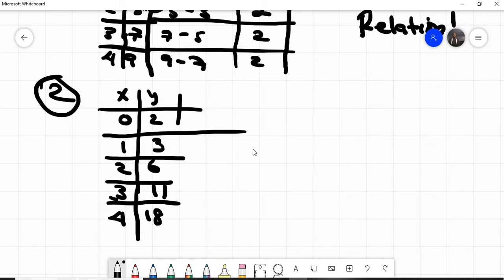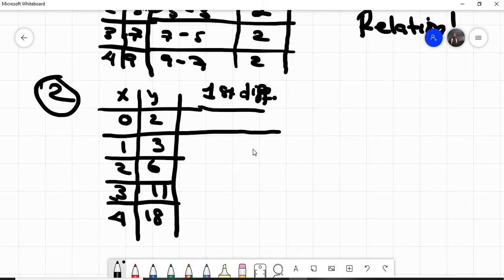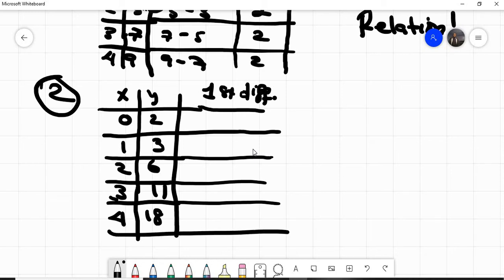Now we must perform the first difference first. 3 minus 2 is 1.